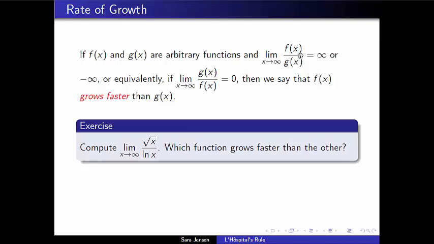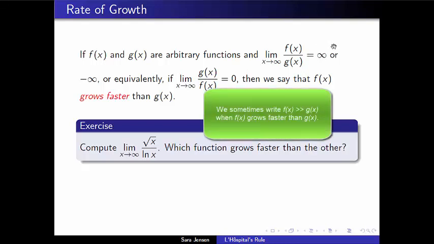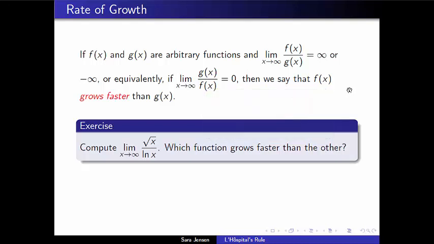Or in other words, that the f of x function grows faster and gets bigger than the g of x function. So that's a definition that will be helpful because we want to think about functions and their relative strength, which ones grow faster than the other ones, to help us glance at limits at infinity and try to figure out what we think those limits should be.